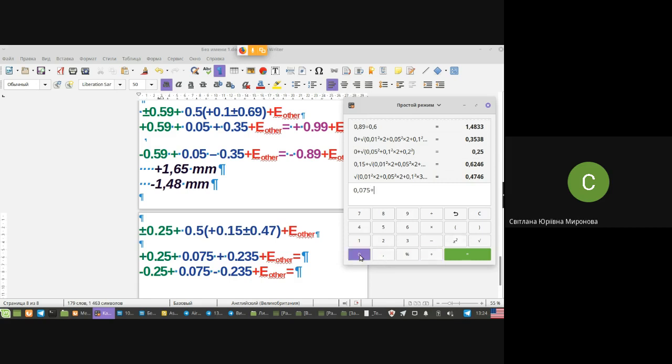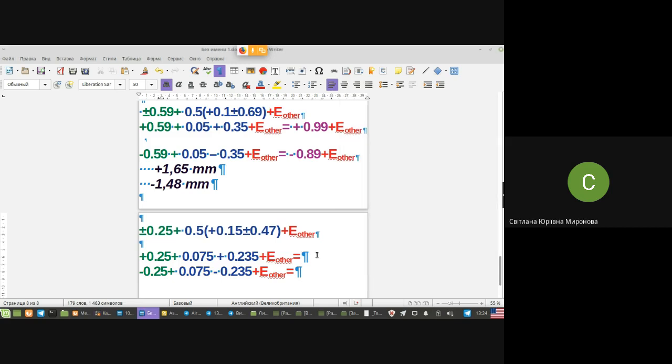Plus 235. Yes. And plus 0.25. So it's plus 0.56 plus error other. Like this. In millimeters. And what about minus? Minus value.